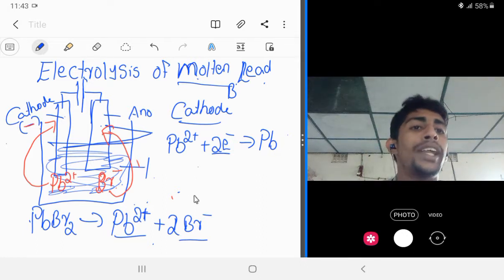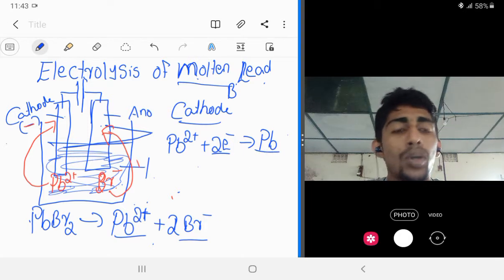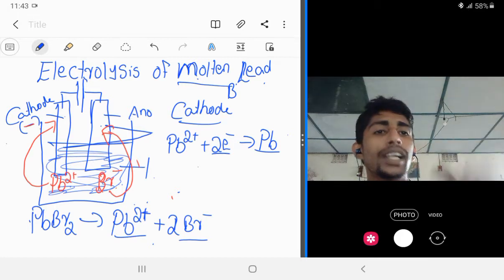Then this neutral molten lead will deposit at the cathode.